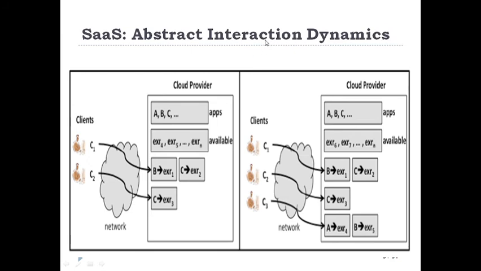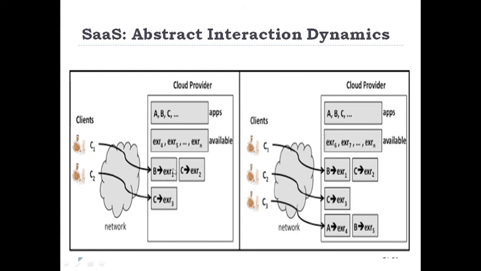The second word is interaction, which is happening on the go, right? It cannot be like C1 entered the network and said that I want to use application B, and execution resource number 1 is allocated. Maybe the session is interrupted. C1 went back home or slept, and after 4 hours C1 has come back and is saying I want to use application B again.